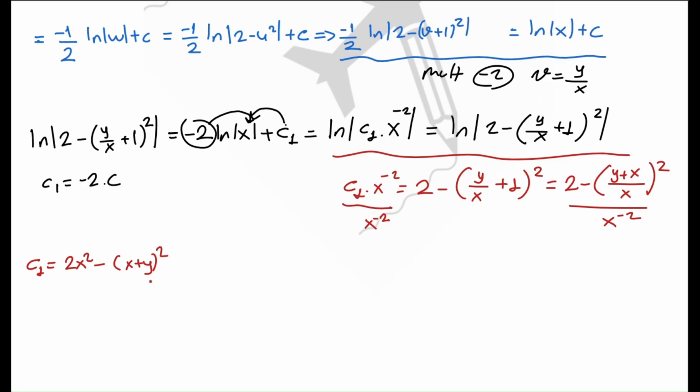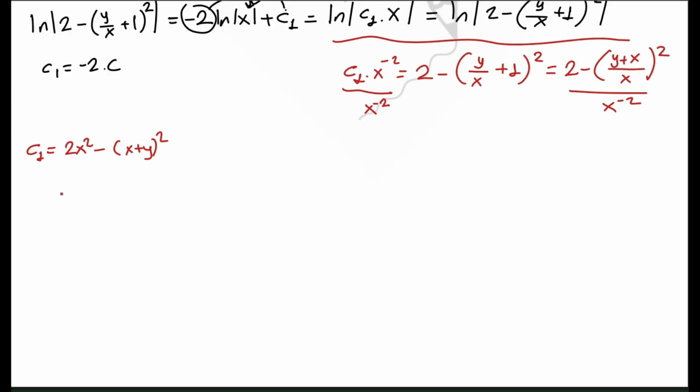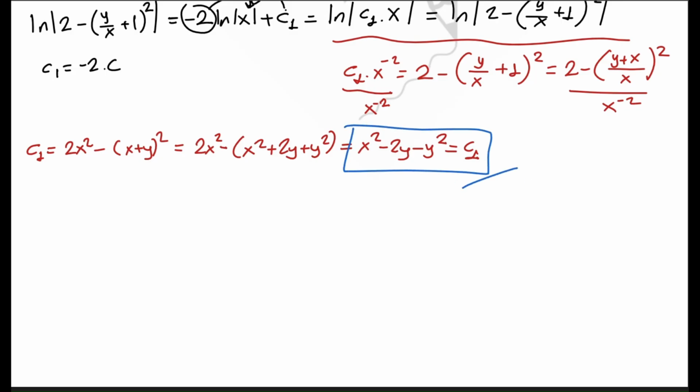We will get that. After that, we know that that term is equal to x squared plus 2xy plus y squared. And let's write it like x squared minus 2xy minus y squared, and it is equal to c1. And this is our answer in this question.